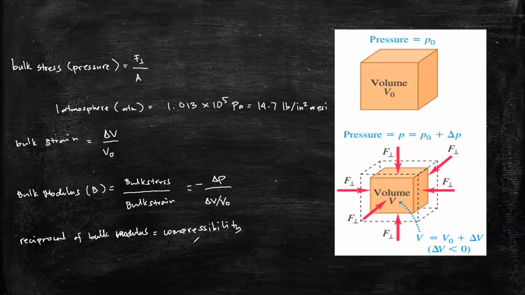The symbol for compressibility is K. Therefore, compressibility is equal to 1 over B, the bulk modulus, or equal to negative change in volume over the original volume times the change in pressure.